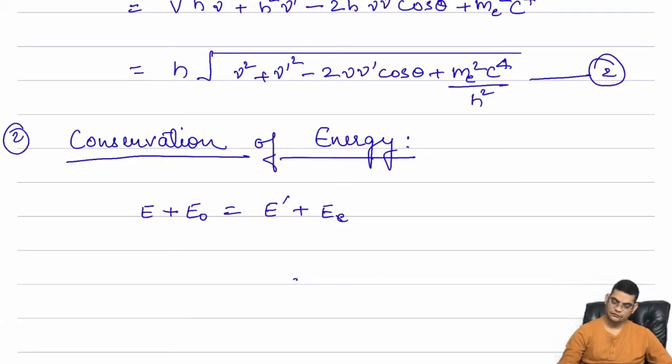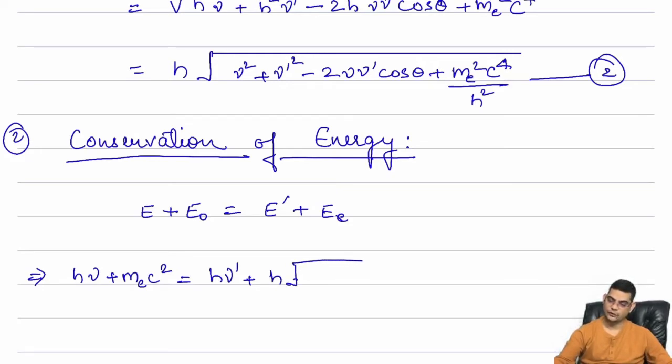Now, energy of the incident photon is h nu. Rest mass energy of the electron is me c square. That must be equal to the energy of the scattered photon, h nu dash, and the energy of the electron, which can be written from the equation 2 we just derived.